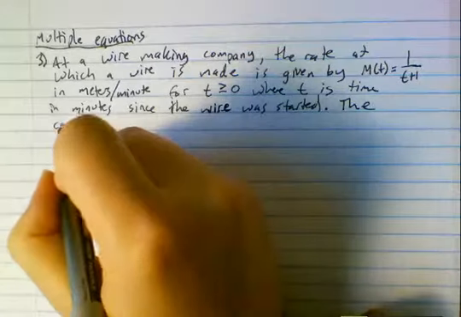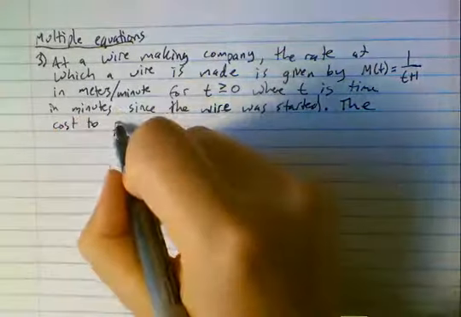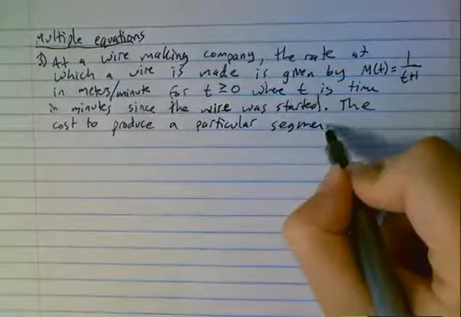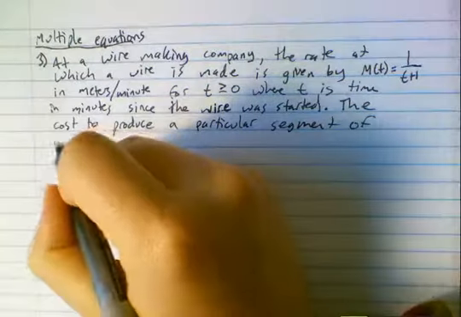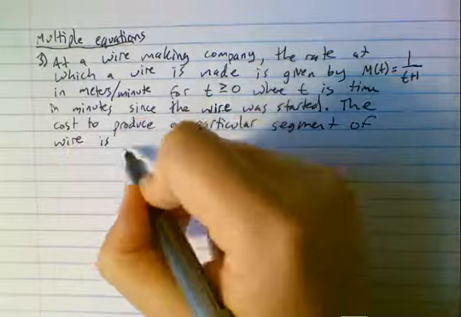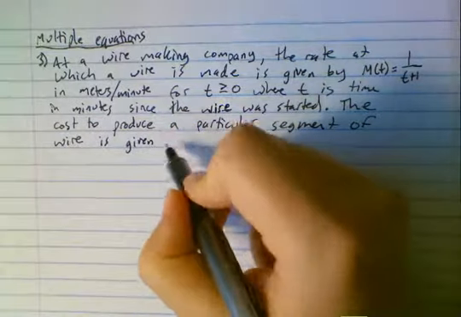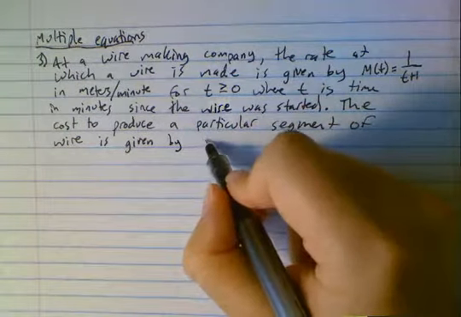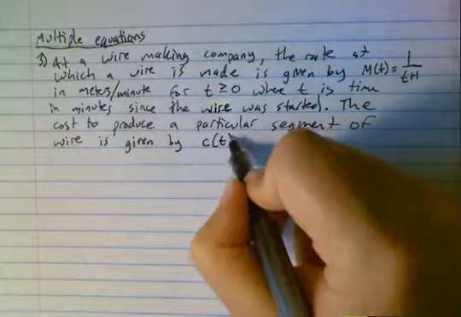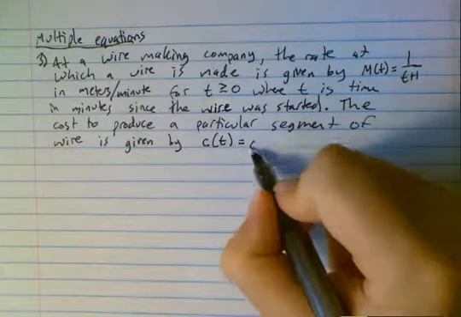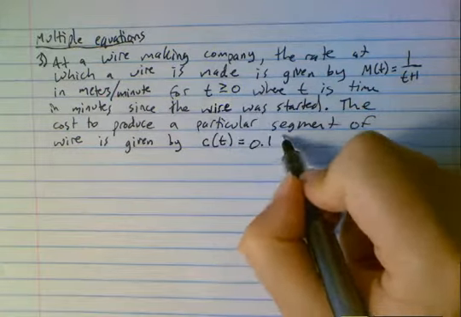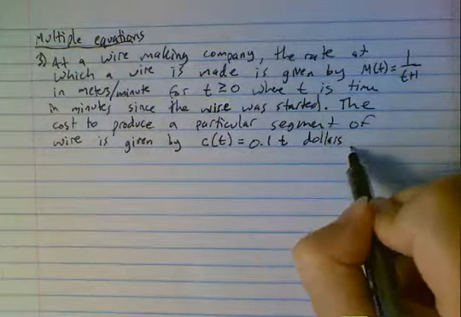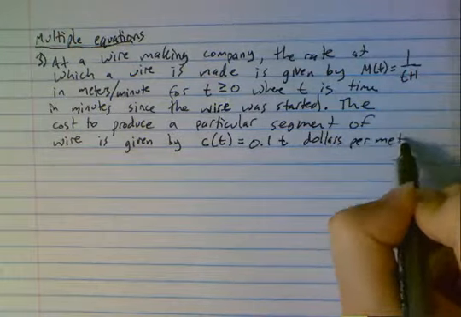The cost to produce a particular segment of wire is given by C of t equals 0.1 t dollars per meter.